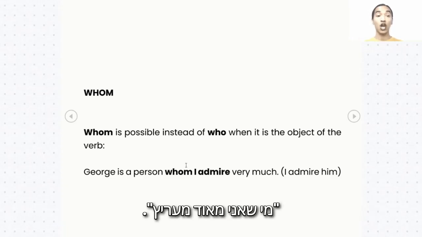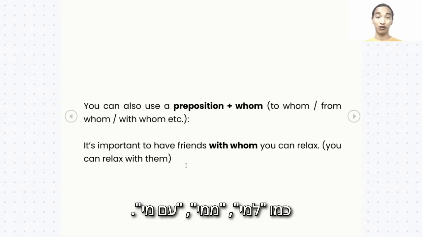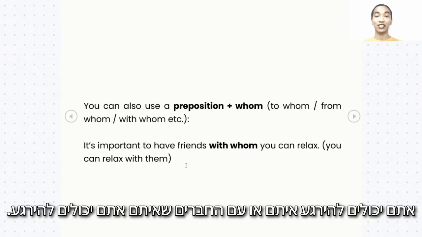Whom I admire very much. You can also use preposition plus whom, like to whom, from whom, with whom. It is important to have friends with whom you can relax. You can relax with them, or with those friends with whom you can relax.